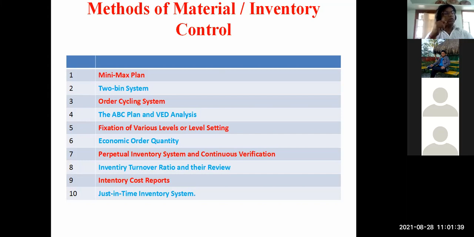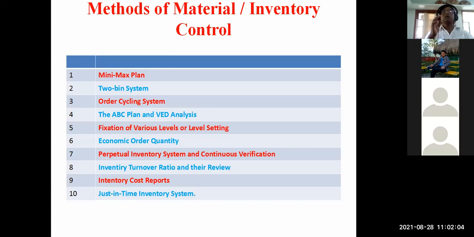Reduction in quality control cost. Inspection cost will be very less. When you purchase too much at a time, there may be problems in inspection. When it's small quantity, you can inspect very easily. Reduction of wastages. When you purchase too much, there may be too much wastage. When you purchase small quantity, wastage will be minimum. And timely delivery of materials.